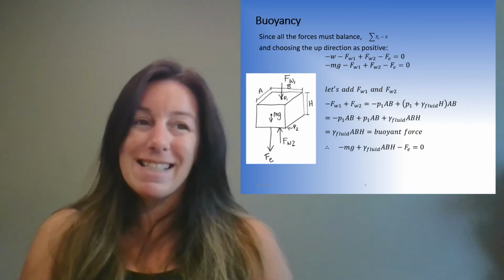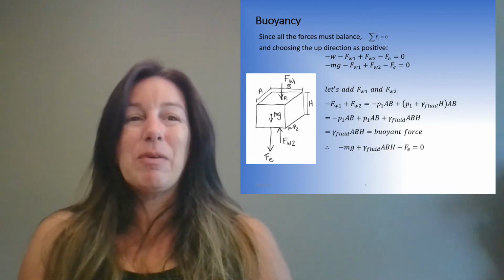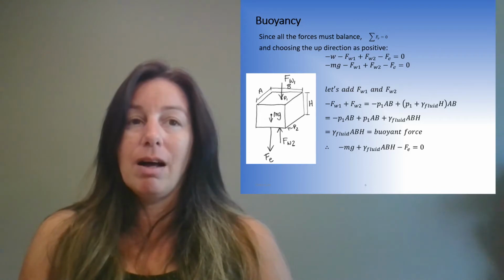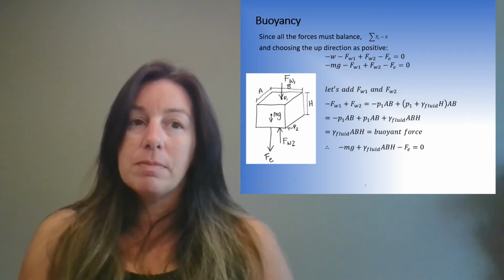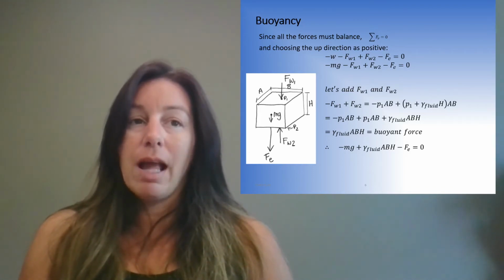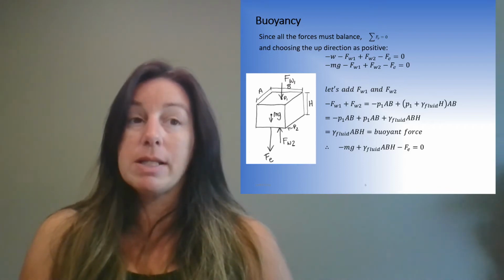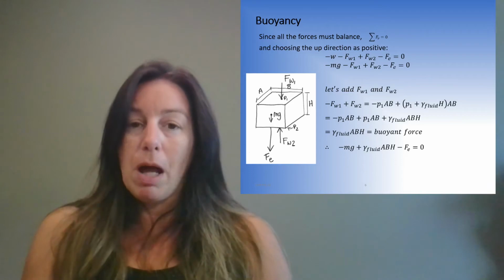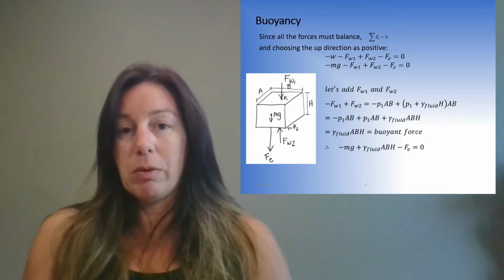Isn't that amazing? So basically this buoyant force is going to be the unit weight of the fluid times the volume of the fluid displaced, right?